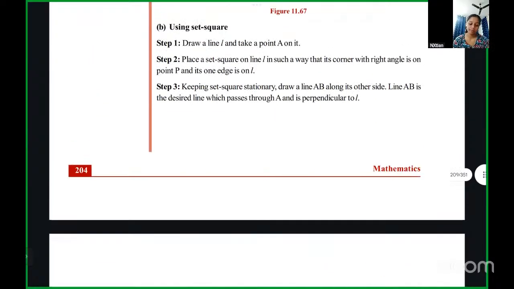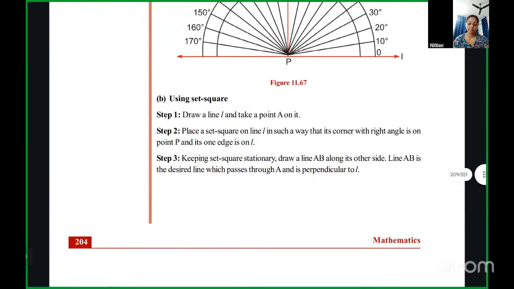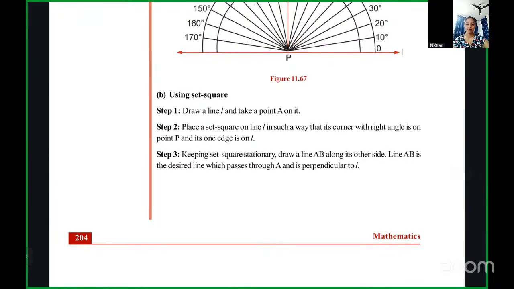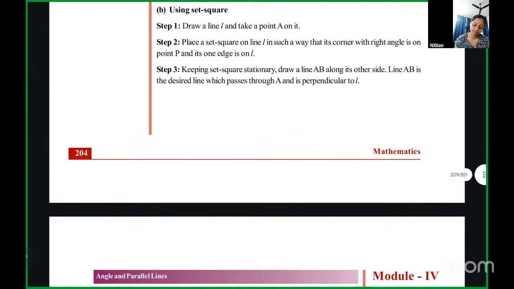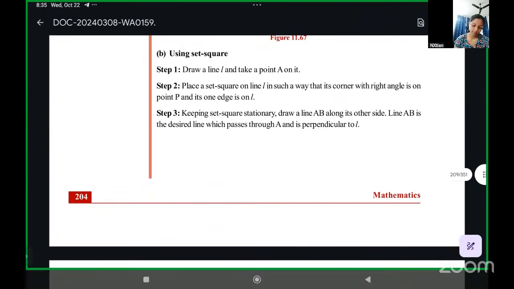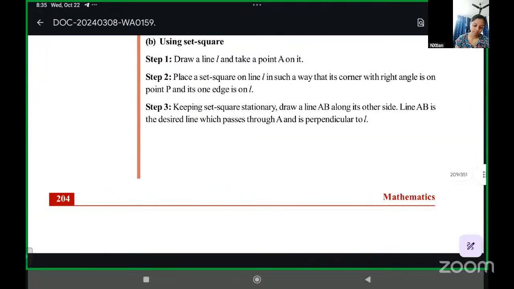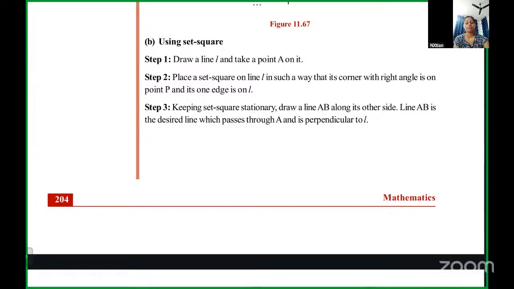Make a line L. First, draw a line L. Joshua, you also draw a line L. L as in, ma'am?